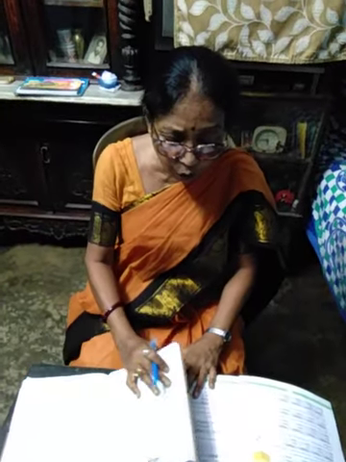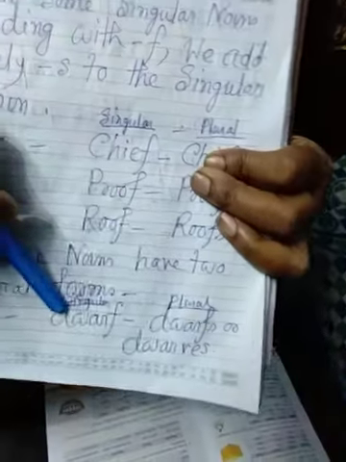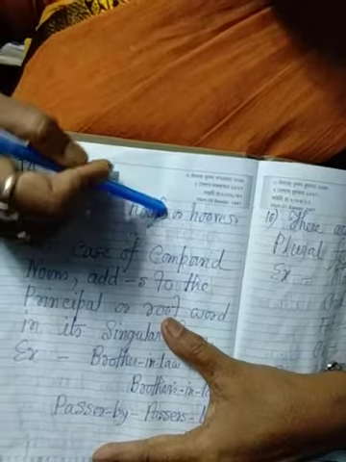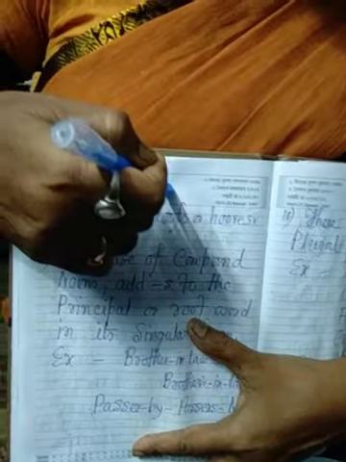Some words have two. Scarf, scarves or scarfs. Dwarf, dwarfs or dwarves. Hoof, hooves or hoofs. Two forms are right. Okay.